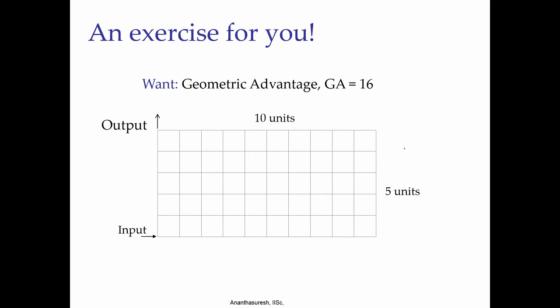Now, here is an exercise that we will work out. So, let us say we want geometric amplification 16, input is in that direction, output is here. Now, if I join perpendicular to this, perpendicular to that, that itself becomes the instant center, clearly we cannot do it in one step. So, we have to do it in 2 steps.